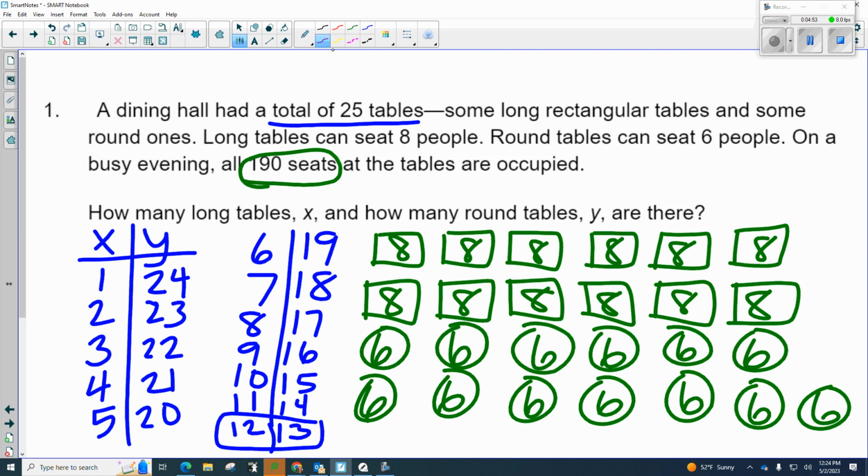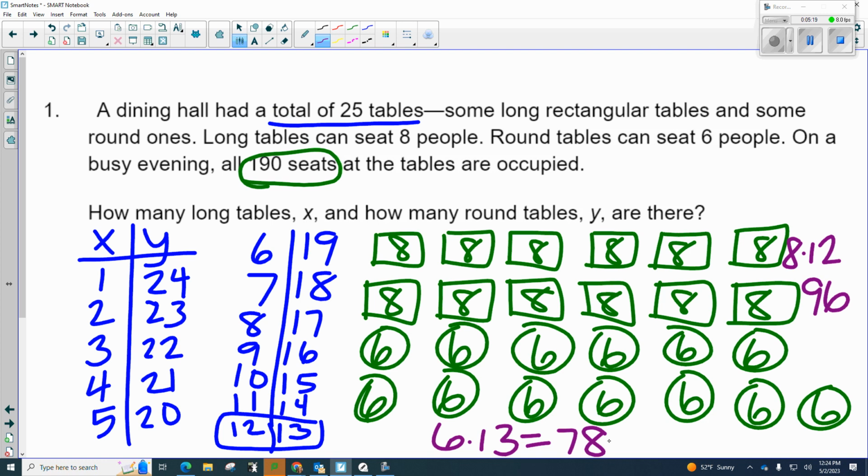Well, I could add 8 plus 8 plus 8 plus 8 plus 8 12 times, but I'm going to try to use the shortcut. I'm going to do 8 times 12. Okay, and when I multiplied that out, I got 96. So I can fit a total of 96 people in the rectangular tables. Then I could do 6 plus 6 plus 6 plus 6, or I could do 6 times 13, and I got 78 people.